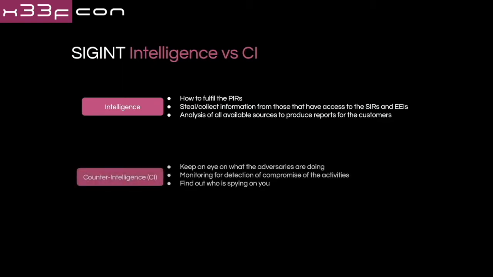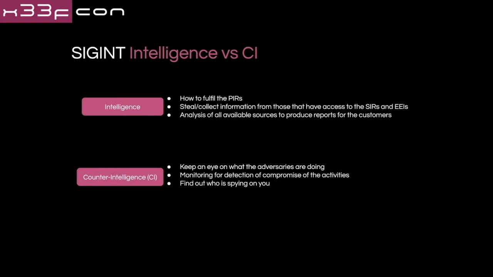Now, the second part, which is equally critical, is counterintelligence. Here, the question is what do the adversaries do? How are they attacking our nation? Also, if we are doing operations for intelligence collection, we monitor that they haven't been compromised: that no one has detected them, and that no one managed to steal the tools they are using.